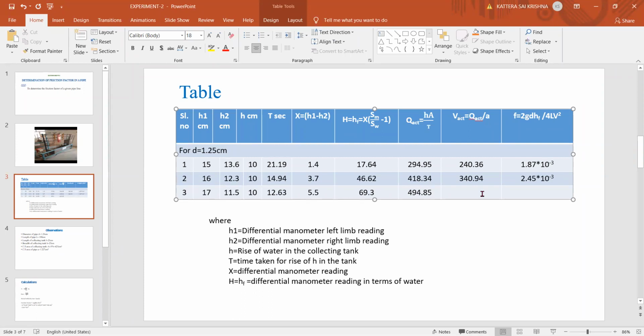Okay. Next, V actual, Anvesh 361. Next, Avinash 364. Avinash, if you're not replying, what should I think? Are you absent to the class or what are you doing? Sleeping?